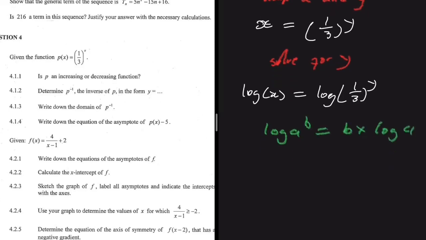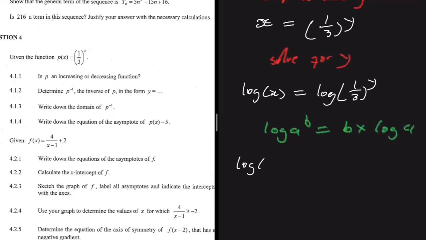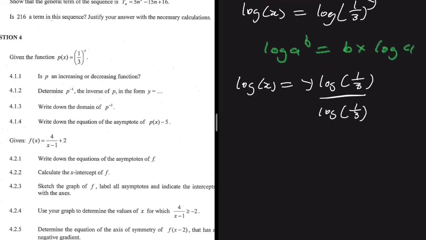So if we just apply that idea right here, we're going to have log of x being equal to y log of 1 divided by 3. So we can go ahead and divide both sides by log of 1 divided by 3 in an attempt to isolate y, right? And then if we do that, we're going to end up having y equal to log of x base 1 divided by 3, and that is the inverse of P of x.